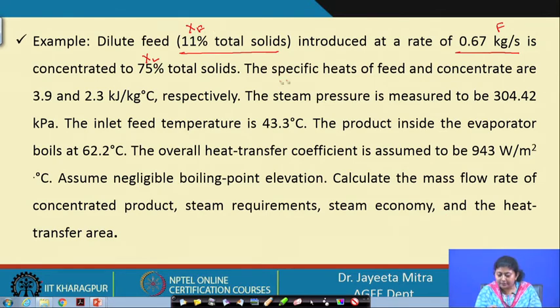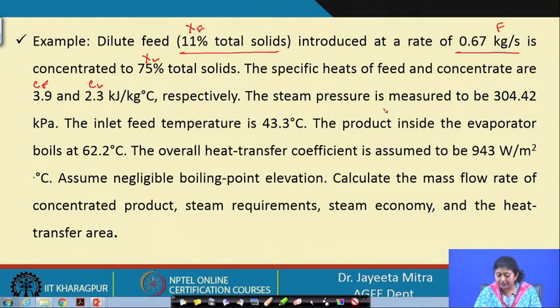Okay. The specific heat of the feed and the concentrate are 3.9 and 2.3. Okay, feed and concentrate. So, this is Cf and this is our CL. Specific heat of feed and concentrate are 3.9 and 2.3 kilojoule per kg degree Celsius respectively.